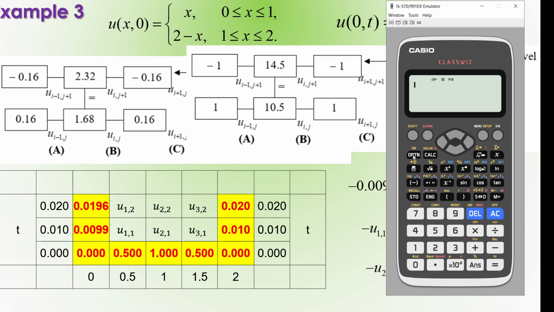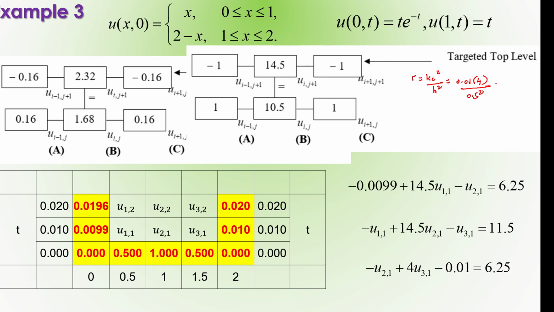So k, 0.01 times 4 divided by 0.5 squared. Get 0.16. So r is 0.16 here. So this is negative r, positive r, positive r.